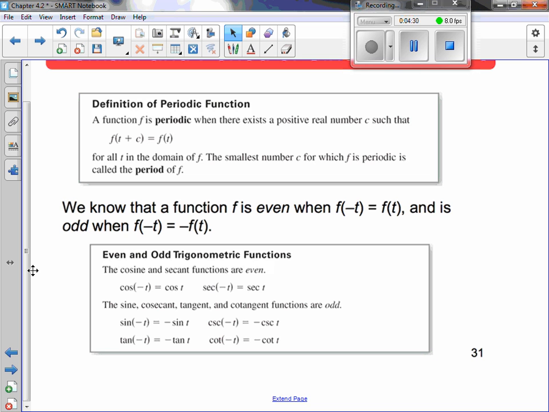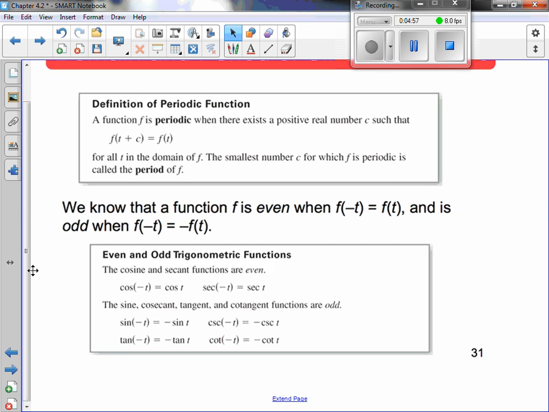A period is the amount of time for a function or a graph to cycle. A function is periodic when there exists a positive real number c such that f of t plus c is equal to f of t for all t in the domain of f. The smallest such number c is called the period of f, the amount of time that it takes for a function to repeat.